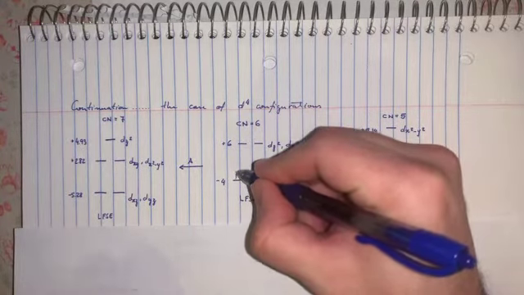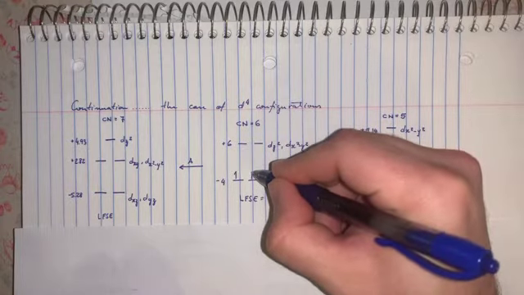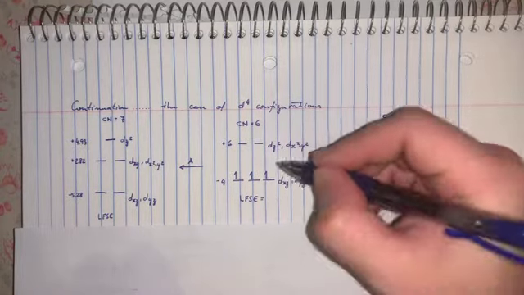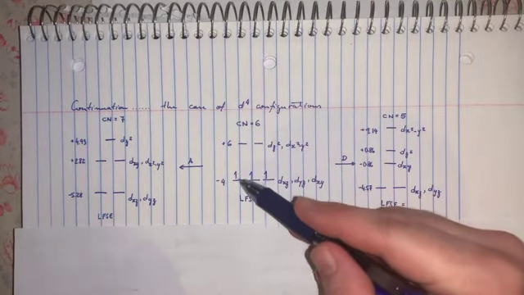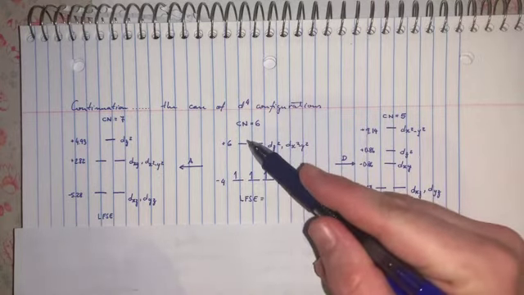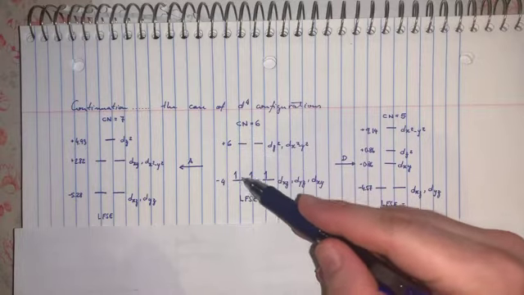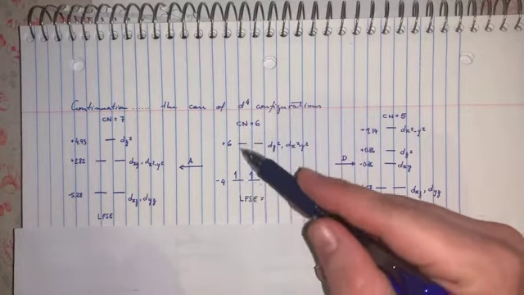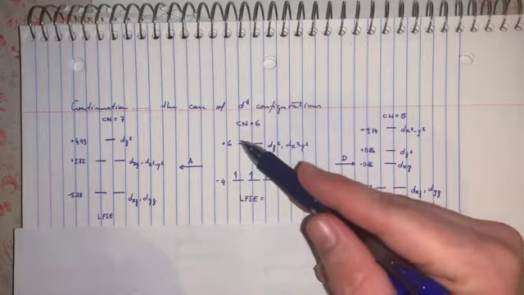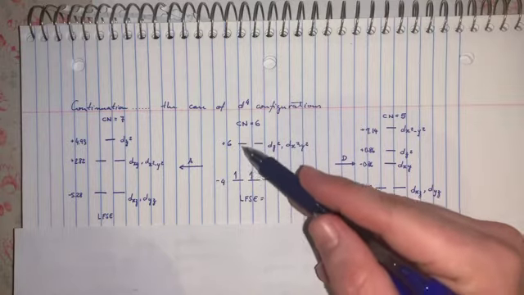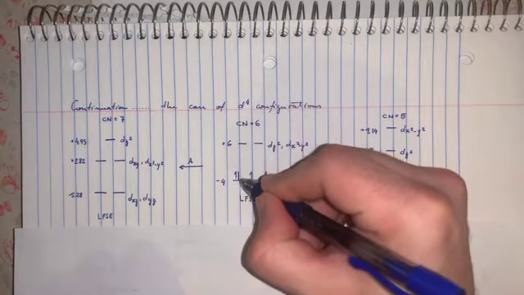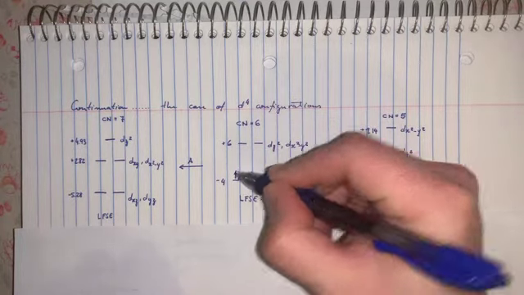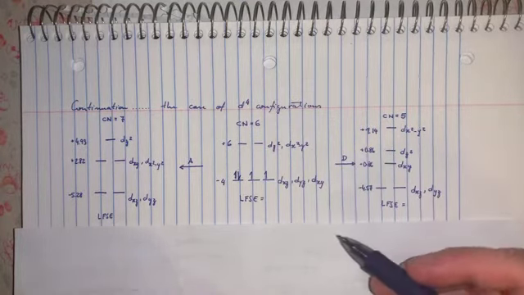So let's start doing that. 1, 2, 3. The fourth electron can either be paired or go up. It will be paired when the gap is too high, and it will go up when the gap is small. So let's start pairing the electron here down in the T2G group.